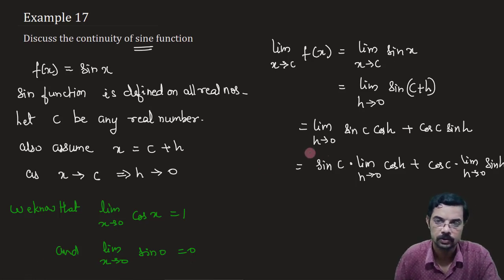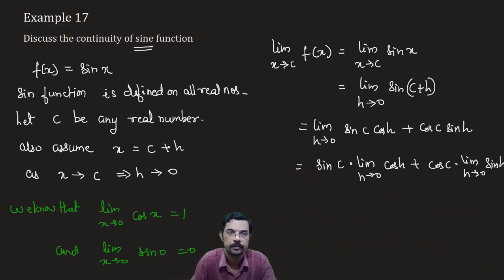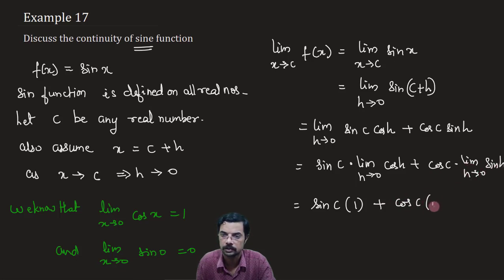So therefore, sine of c stays as sine of c, and limit h tends to 0 of cos of h becomes 1, plus cos of c into limit h tends to 0 of sine of h, and that is 0.